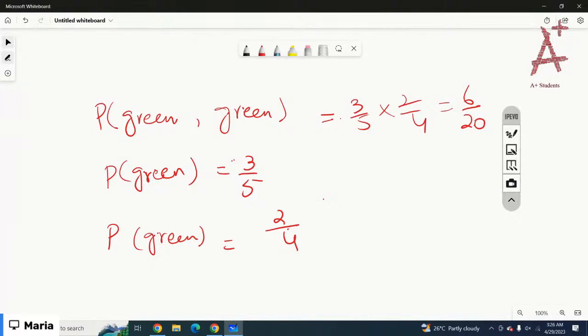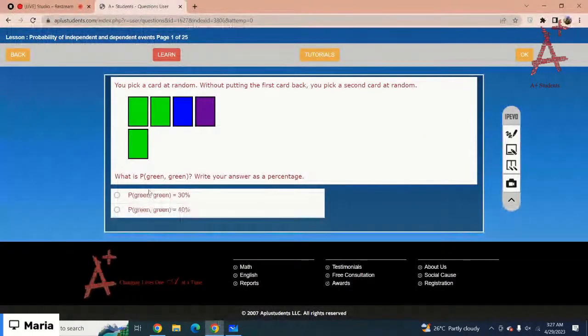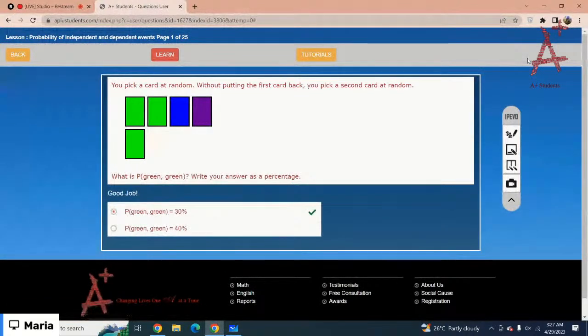That means the probability of getting green and green is 30%. Just do 6 by 20, 3 by 10 times 100, so it would be 30%. That's how the events are dependent events.